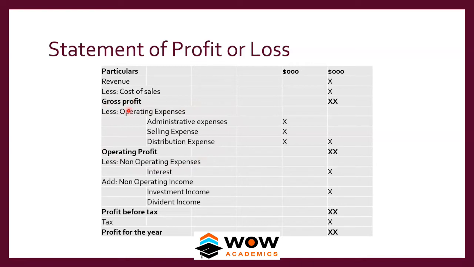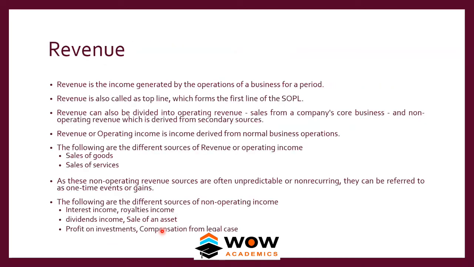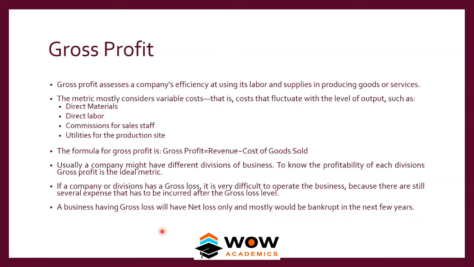So if this itself is a loss, these expenses will also make the operating profit a loss, and the net will also be a loss. That's the problem here. A business having gross loss will have net loss only and mostly would be bankrupt in the next few years. You can be very sure about that.